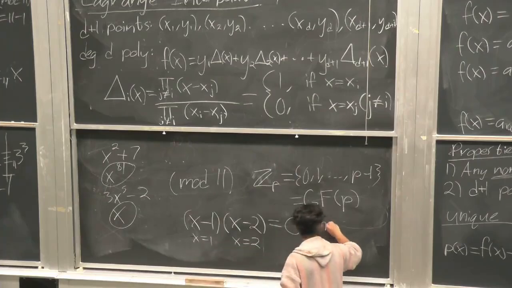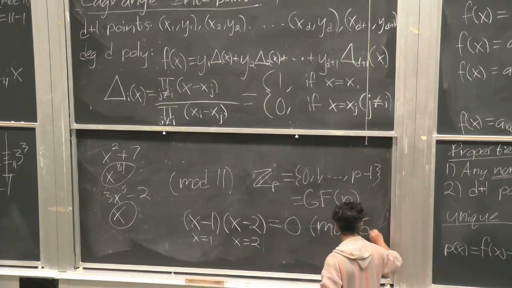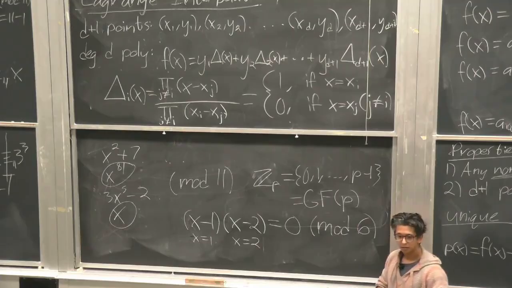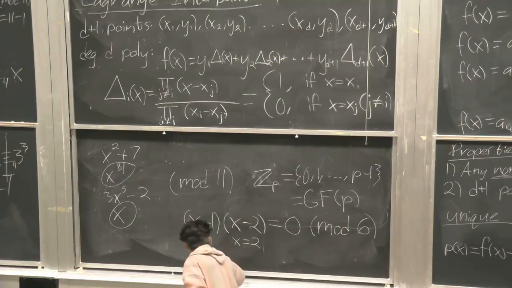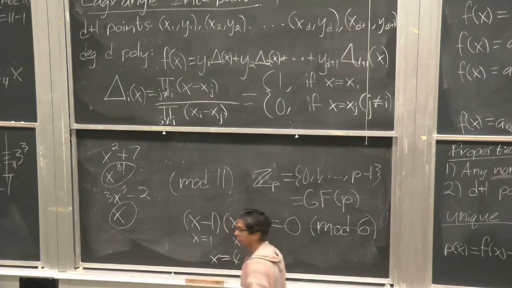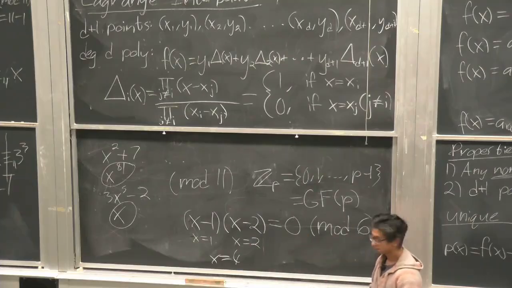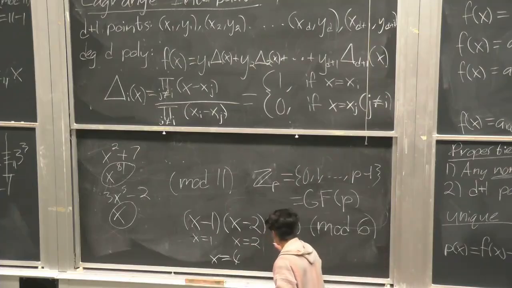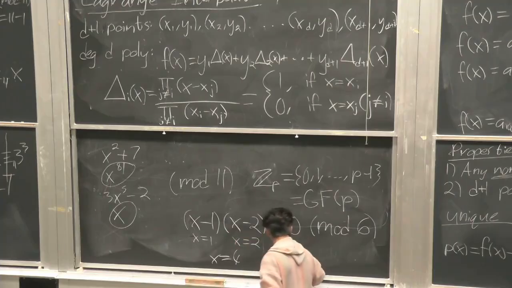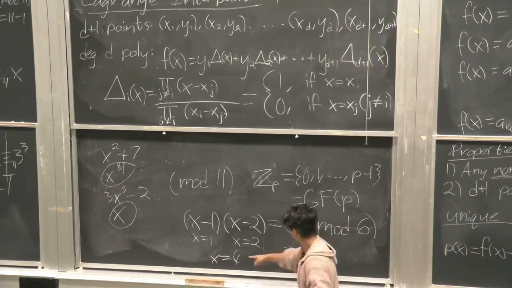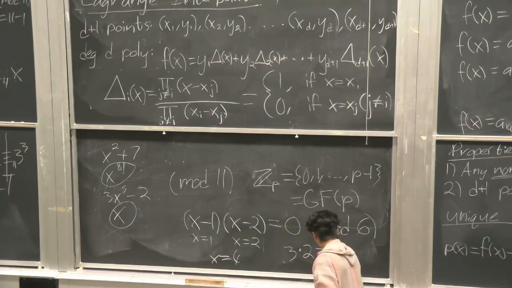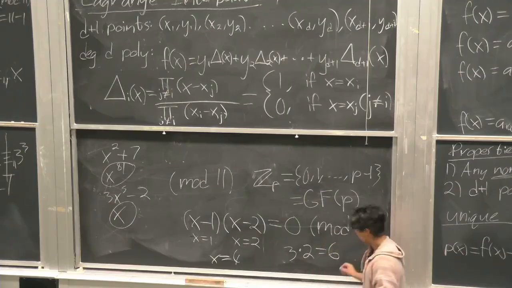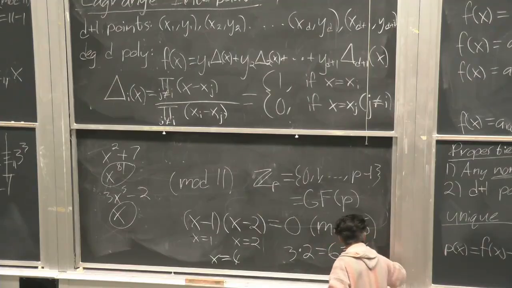But let's say we're doing this mod 6. Here's a trick. x equals 4 also works. Why? Let's plug it in. 4 minus 1 is 3, times 4 minus 2, which is 2. That's equal to 6, which is congruent to 0 mod 6.